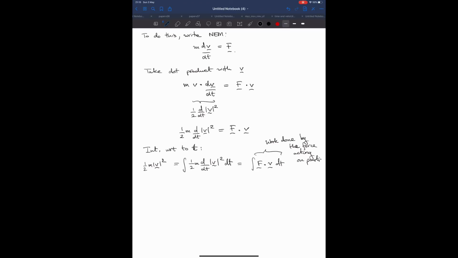Now, work done. I'm going to talk over this for a second before I write any more. Interesting thing about work done is by definition, if the force doesn't move an object, then it doesn't do any work.